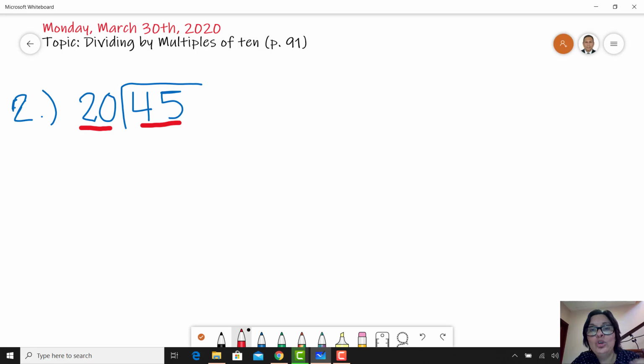How many 20s do you need for making the number 45? Okay, so that's the question that we have to ask to solve this kind of division. So we can guess, we can estimate the number that is going to be in the quotient. But if you don't want to be guessing, we can use the other strategy that I told you.